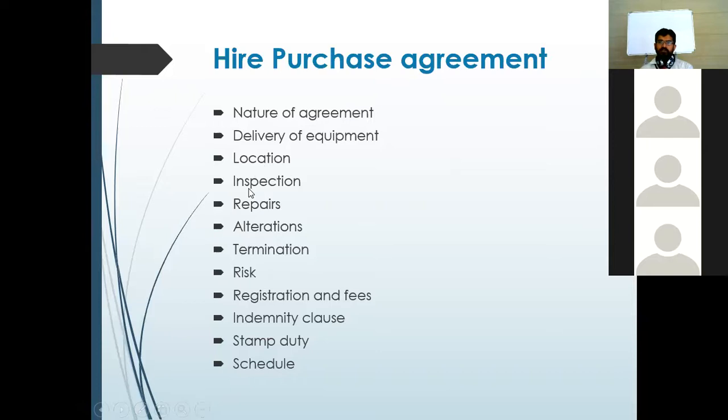Then the inspection of the assets or equipment being given on hire purchase. The hirer has to inspect it properly before going ahead with the use. Then repairs: all repairs have to be taken care of by the hirer. Alterations are also not allowed. Alterations cannot be done to the equipment or asset without prior approval or permission of the hire vendor.